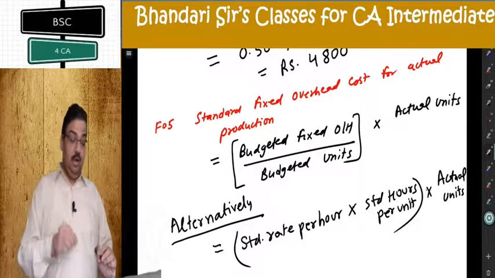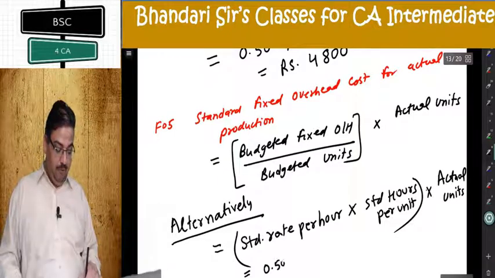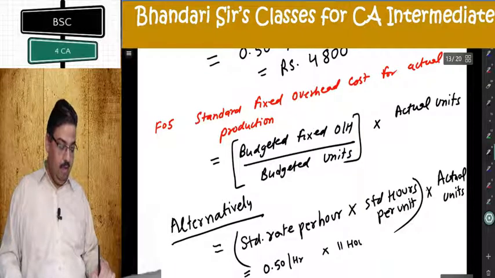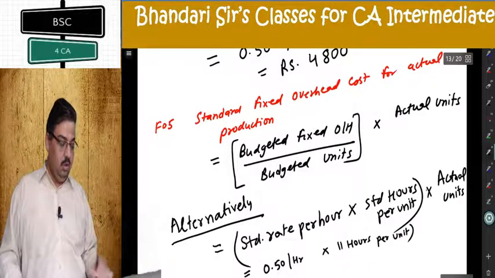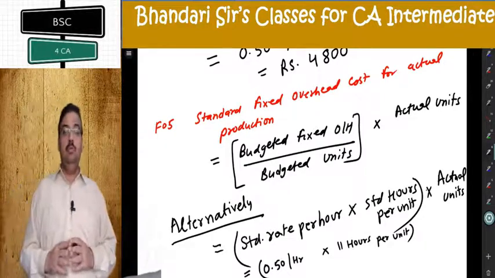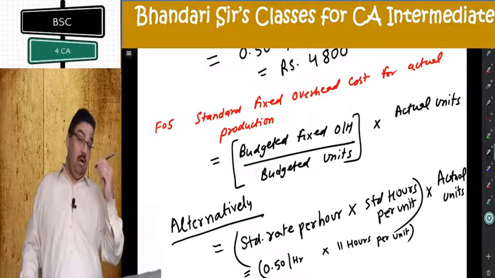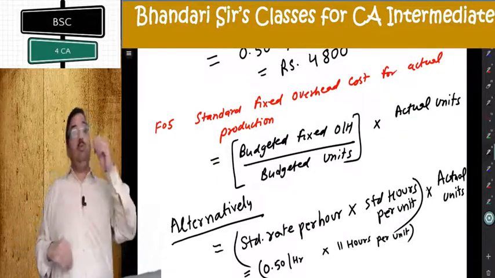We compute standard cost per unit in this alternative manner: 0.50 per hour multiplied by 11 hours per unit. There can be alternative ways, but this is the easiest and the best way of doing.